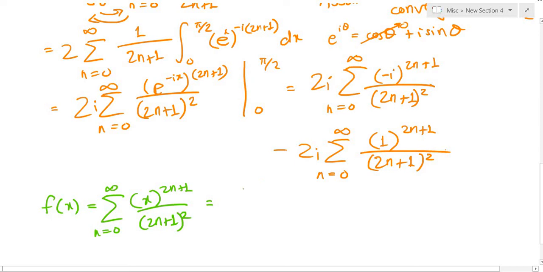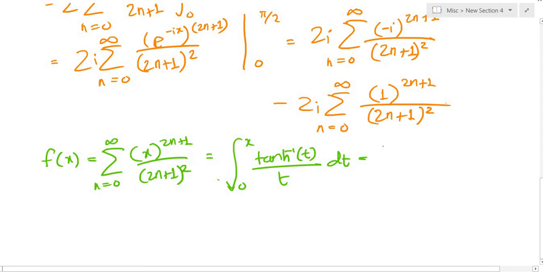This is nothing but the integral from 0 to x of the inverse hyperbolic tangent of, say, a dummy variable t, divided by t, dt, which is equal to half of the dilogarithm of x minus the dilogarithm of negative x.